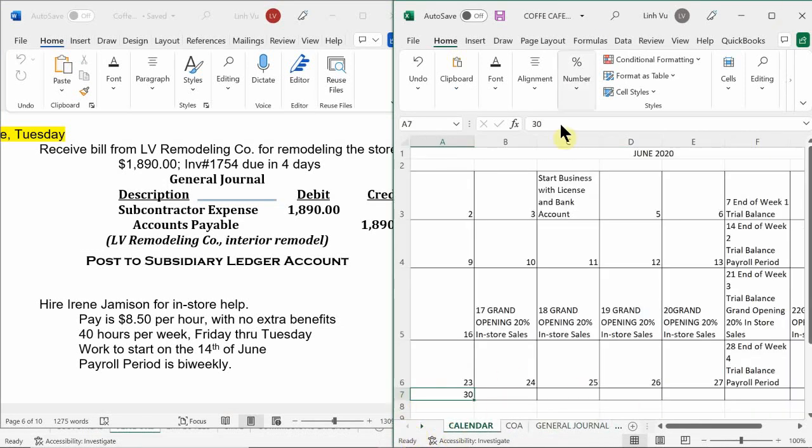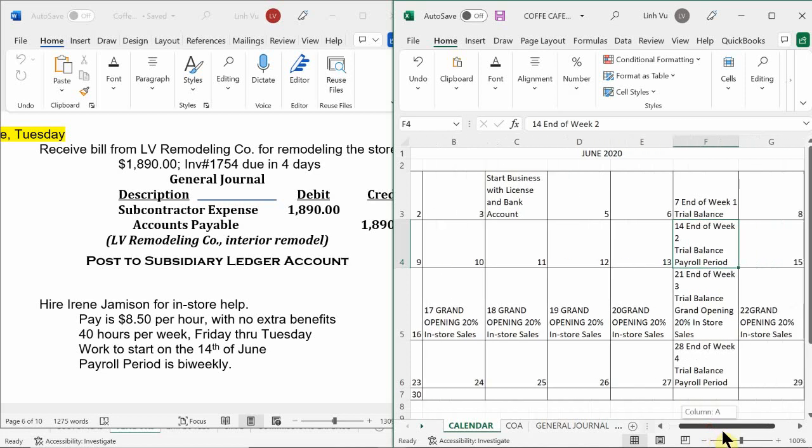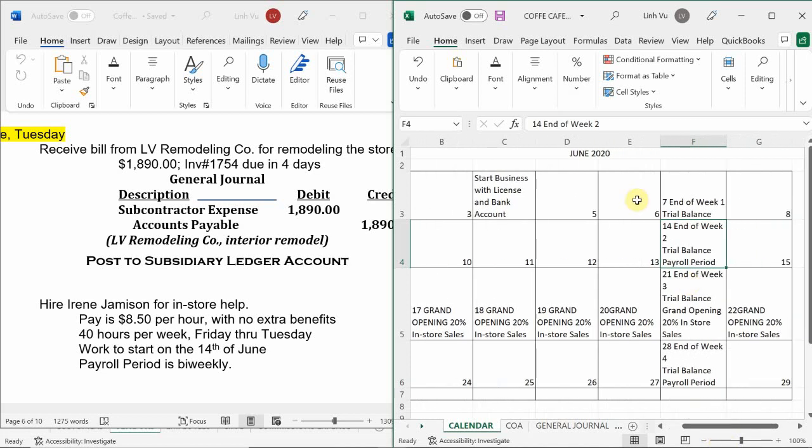Irene's going to start to work on the 14th. So here, right? Irene's going to start here on this Friday and she's going to work all the way through the rest of her career, right? So in this case, she's going to start working on the 14th of June, right?